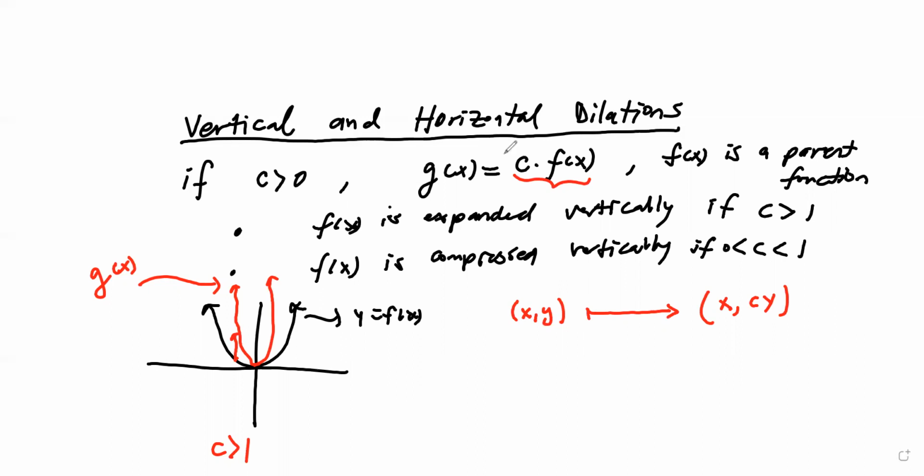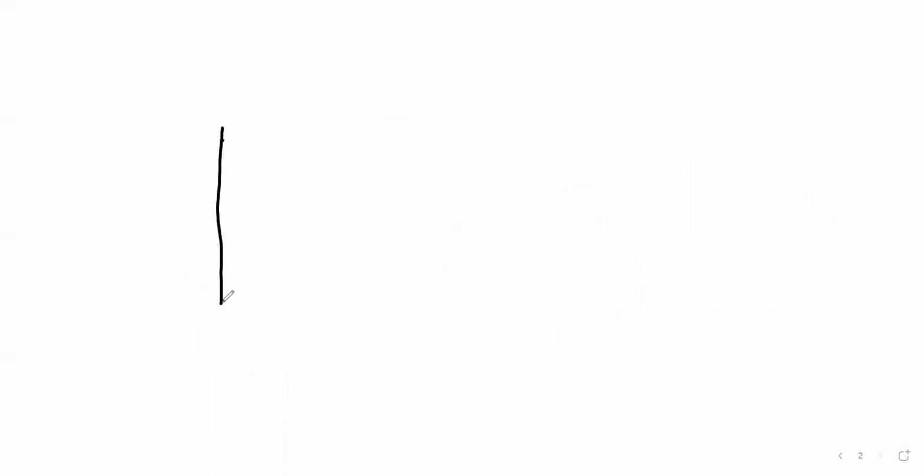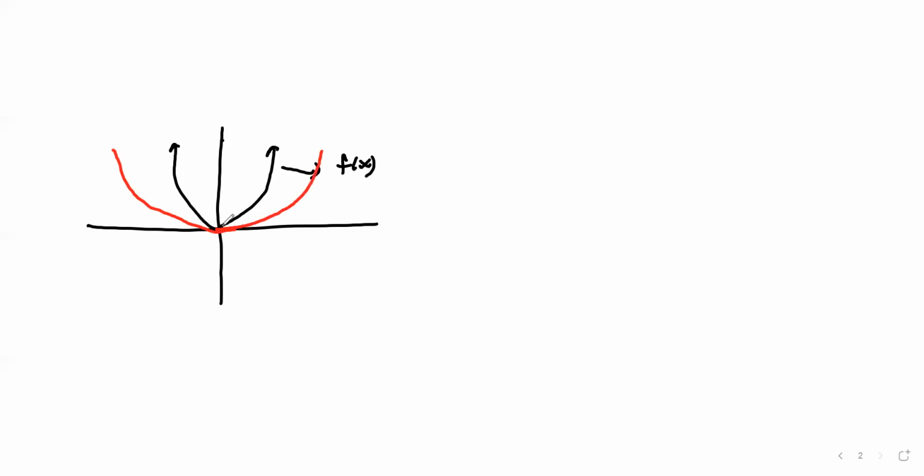Now for case 2, let me do that on the next page. So this is the formulation for the previous case. Now for the next case, an example could be this. Say you have f of x, again, a parent function like this. Then g of x will be wider, but you see it moves down, so the points are moving down.